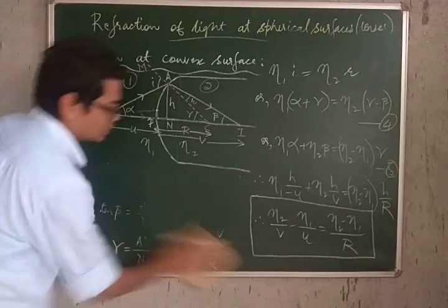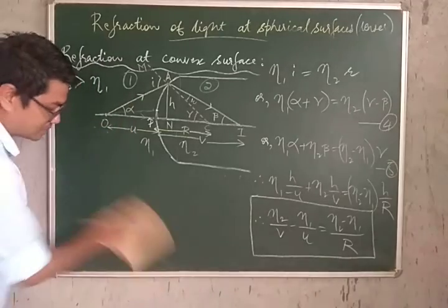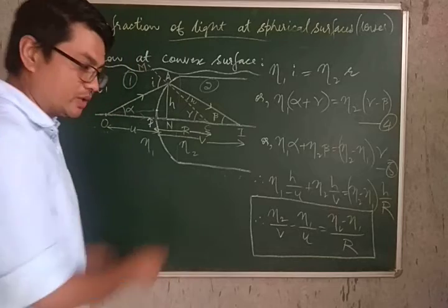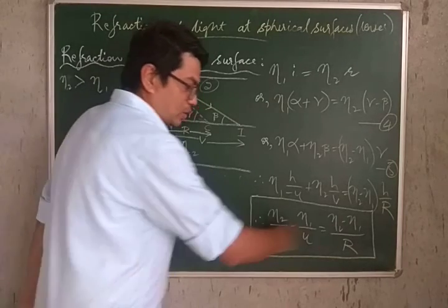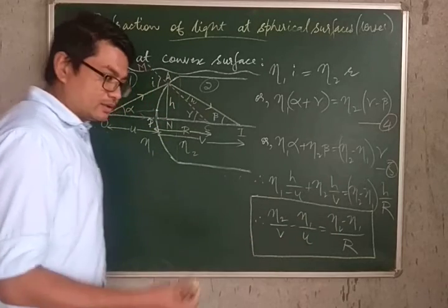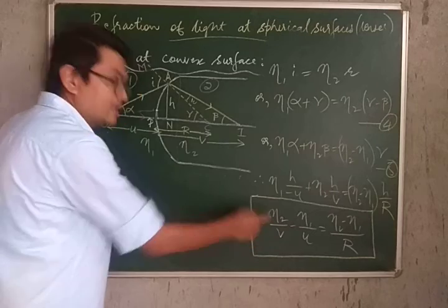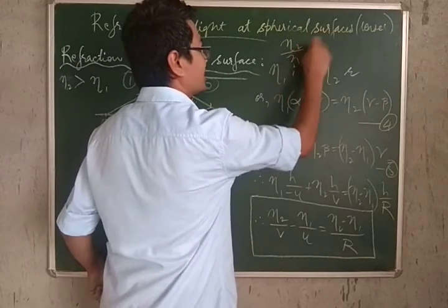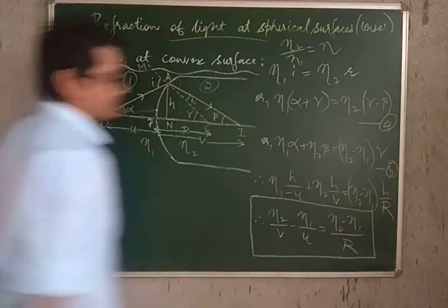Furthermore, last thing we can do, only if you wish to, but sometimes you are given the relation in that form also. We divide both the sides by eta 1. So when we divide by eta 1, here we get eta 2 upon eta 1. Now eta 2 upon eta 1, we've said, is the refractive index of the second medium with respect to the first, denoted by eta.